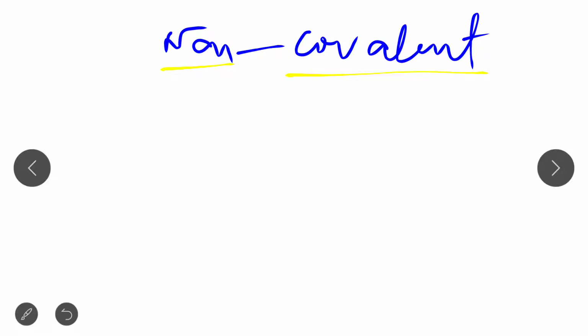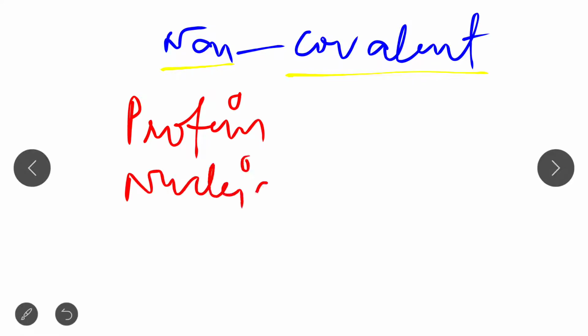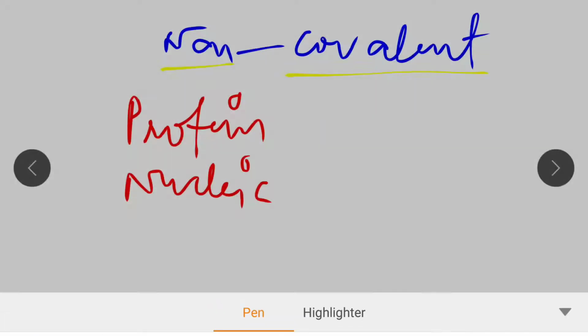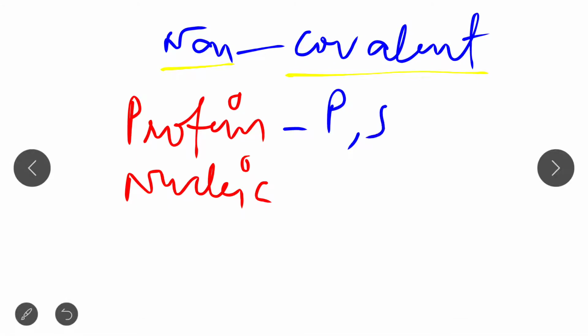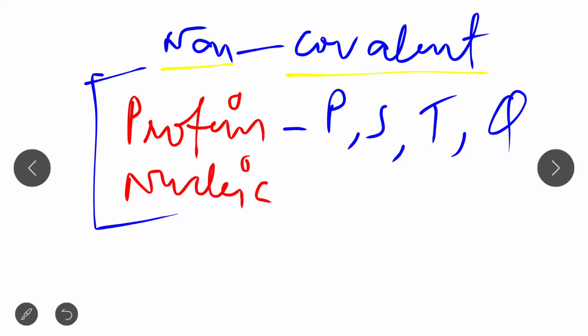The same goes for nucleic acids. In protein, primary, secondary, tertiary as well as quaternary structures are formed through non-covalent interactions, while in DNA the A-T and G-C pairings are also formed through non-covalent interaction. So from this we can conclude that it is a major type of interaction present in our biological system.